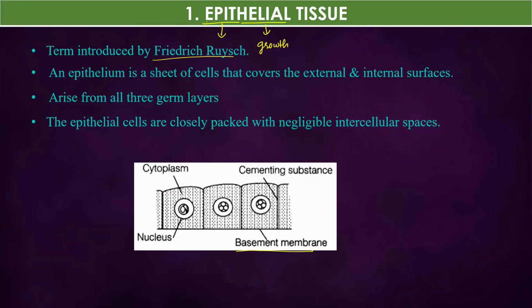The epithelial cells are closely packed with negligible intercellular spaces. Due to less intercellular spaces, blood vessels, lymph vessels and capillaries are unable to pierce this tissue, so blood circulation is absent in epithelium. That's why the cells depend for their nutrients on underlying connective tissue.